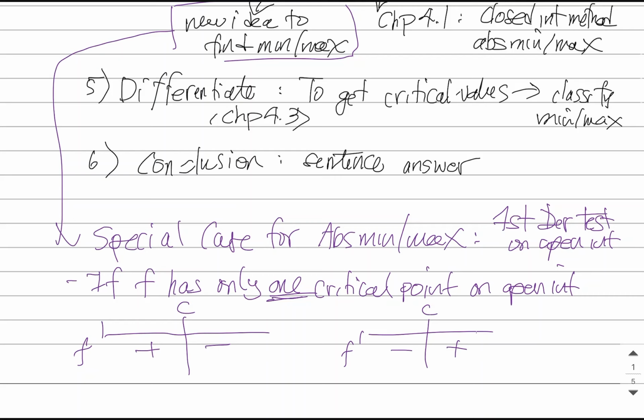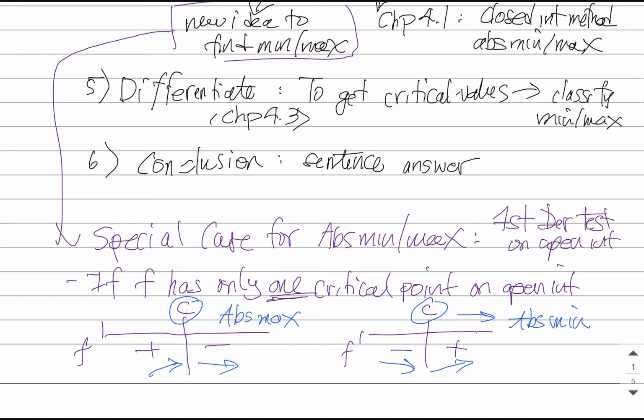If this is the case, if you have only one critical point, that means if you're going from positive to negative first derivative, this must be the absolute max. There are no other points. It's always going up and then switches to always going down. Now, similarly, if your function is always dropping until you get to that point and then always rising afterward, this has to be the absolute minimum.